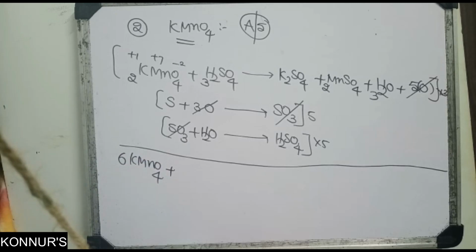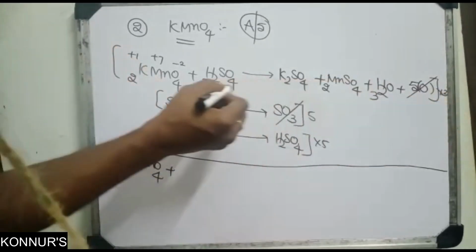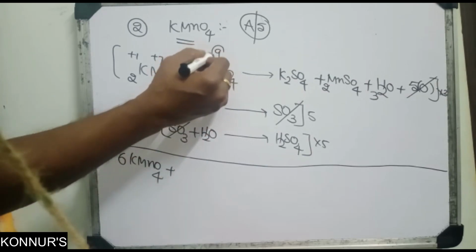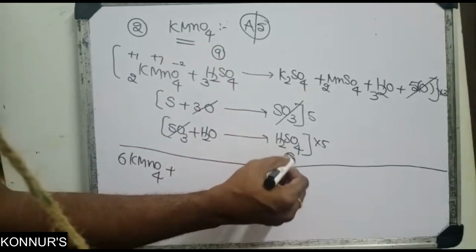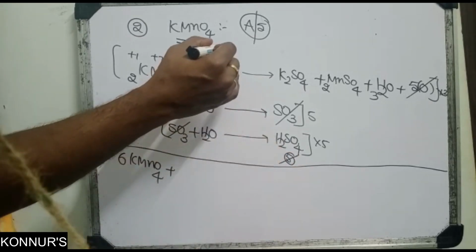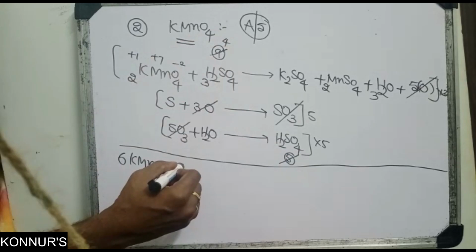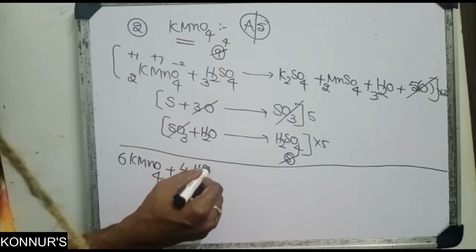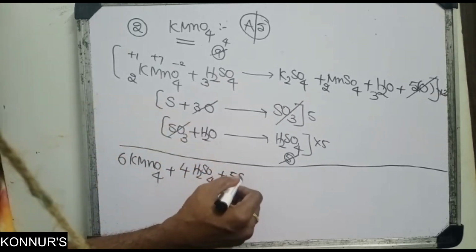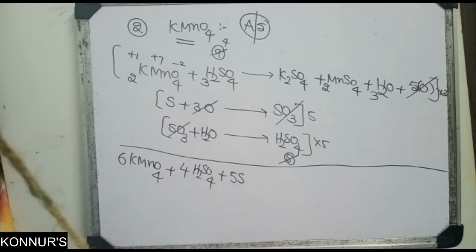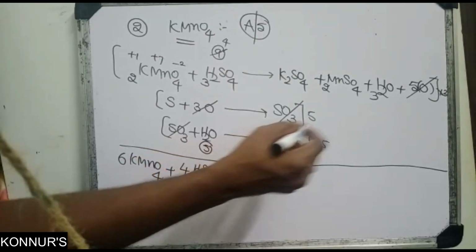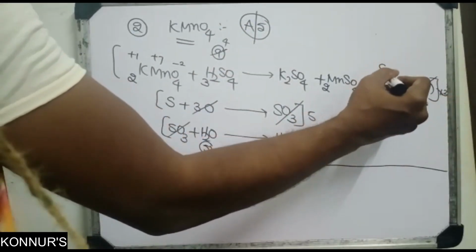plus, here, 3 into 3, 9 H2SO4. Here 9 H2SO4, here 5 H2SO4, so these are cancelled. 5, here 9, so you write 4 H2SO4 plus 5 sulfur. Next H2O. This side 5 water is there. This side 9 water is there.